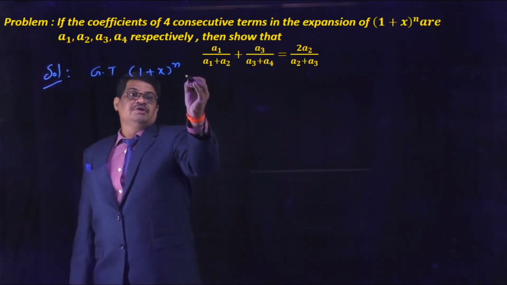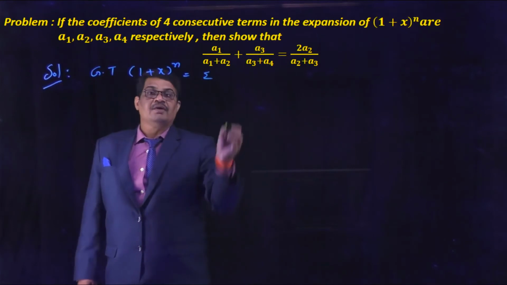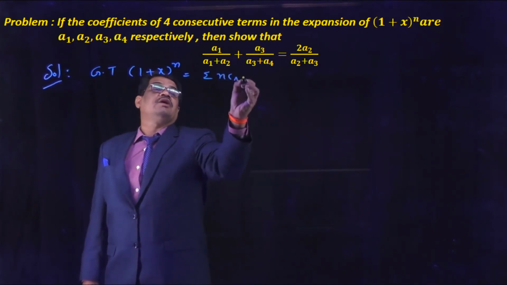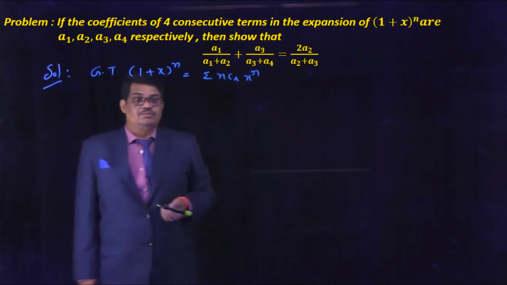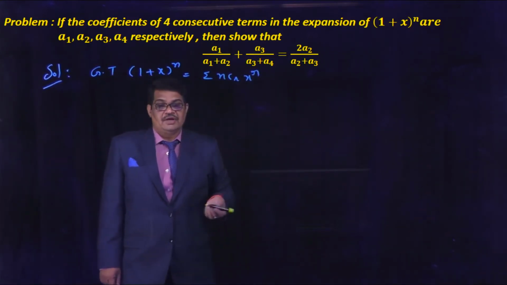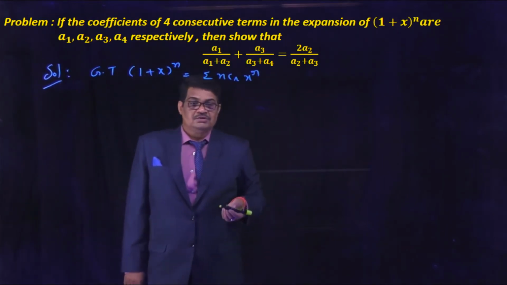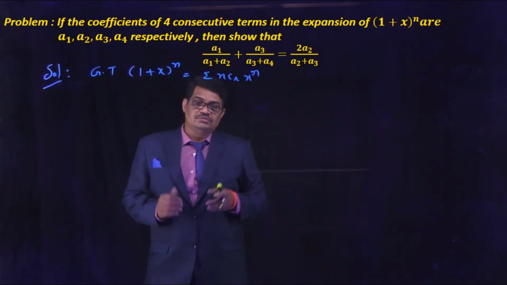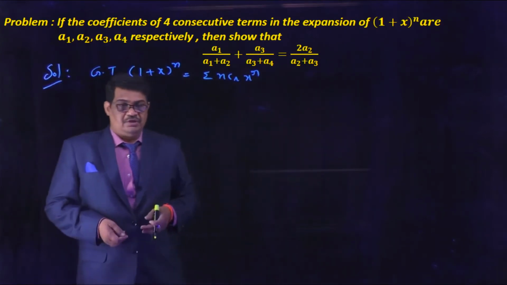We are writing sigma, what is here? nCr x to the power of r. Now we are writing a1, a2, a3, a4 are 4 consecutive terms in this expansion. Then we have to show the given result.